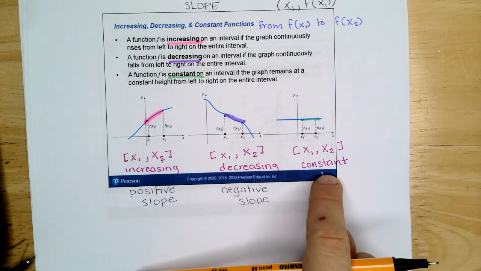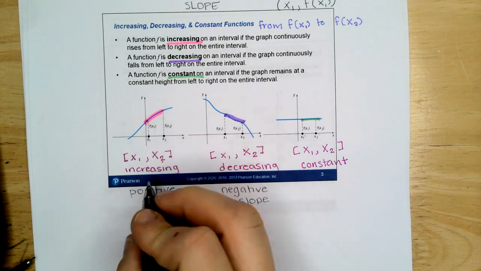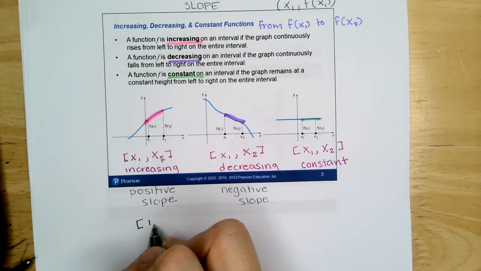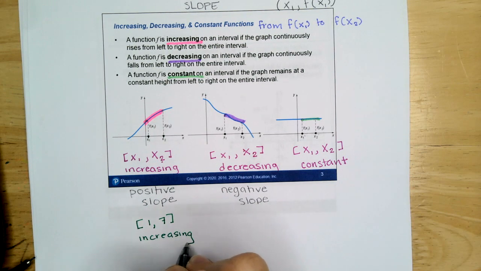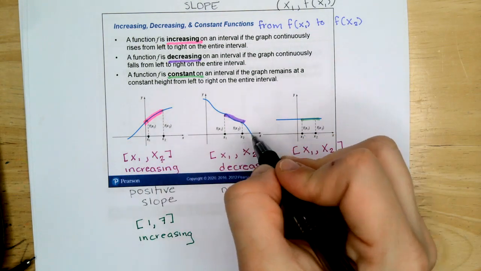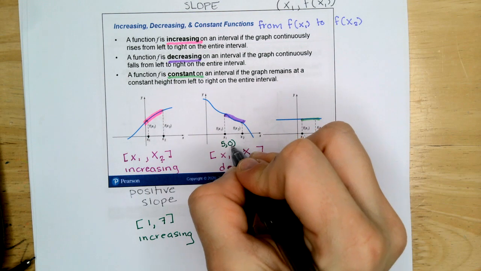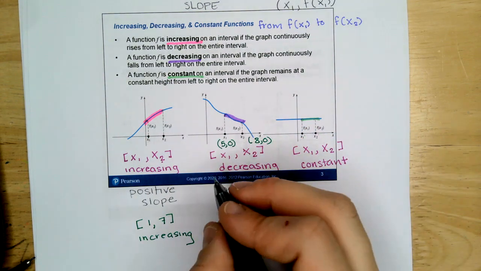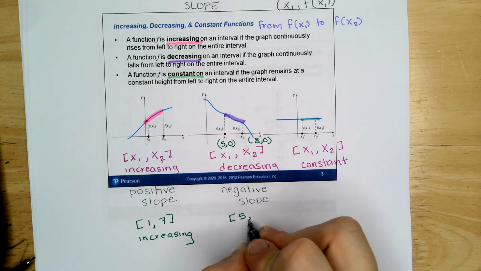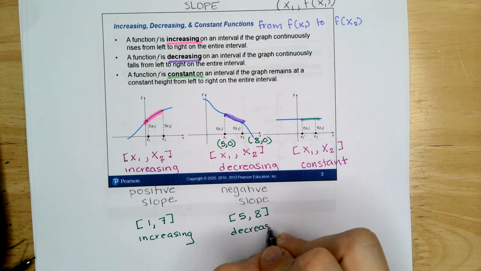And I want to just make clear what I mean by x sub 1, x sub 2. Maybe this is the point 1 and this is the point 7. So we would say from 1 to 7 included, it's increasing. Maybe this is 5, and maybe this is 8, right? So from 5 to 8, it is decreasing.